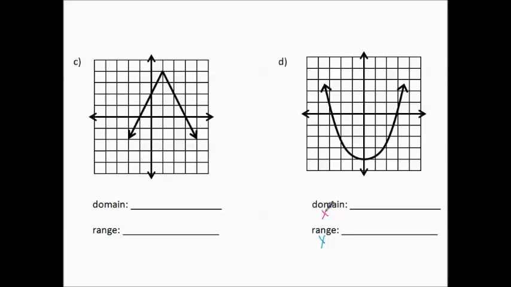So for my domain, I again want to look at all the possible x values on this graph. But I have these arrows. These arrows mean that my graph goes on forever in these directions.